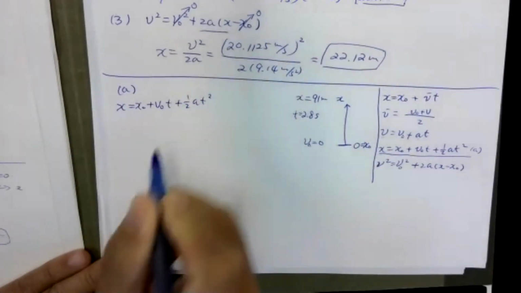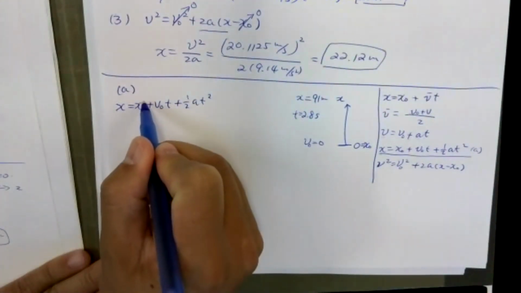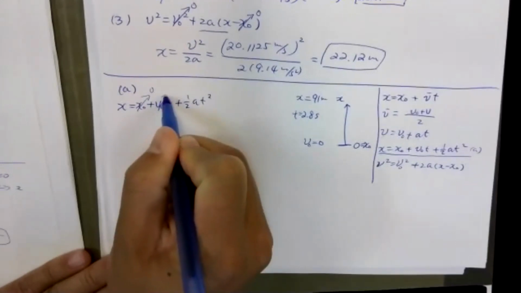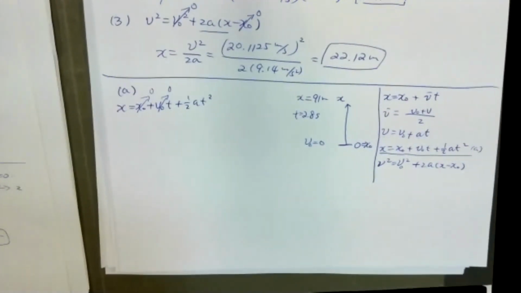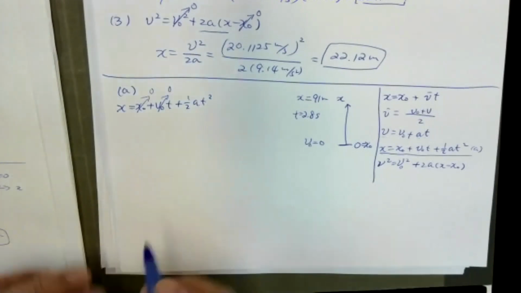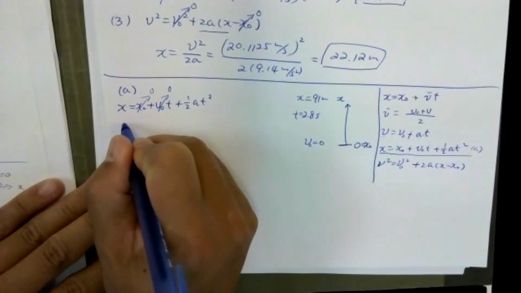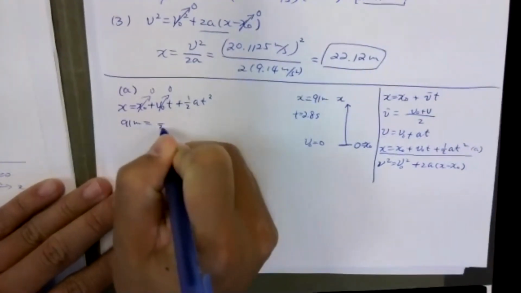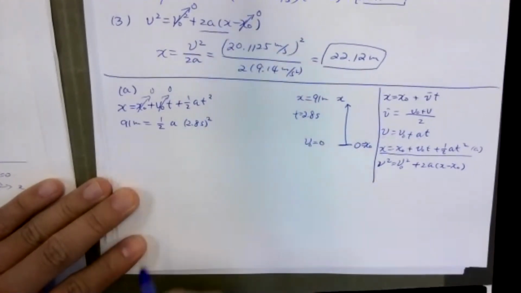Before you plug in any numbers, you can see which numbers are 0 and get rid of them. This one is 0, this one is 0, which gives you a 0 from V0 times t. So then x equals 1/2 a t squared. So you can do 91 meters equals 1/2 a times 2.8 seconds squared.